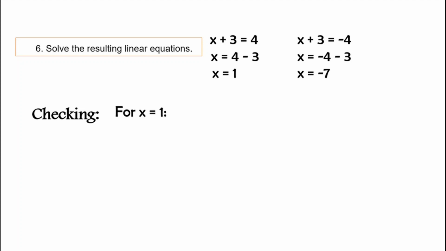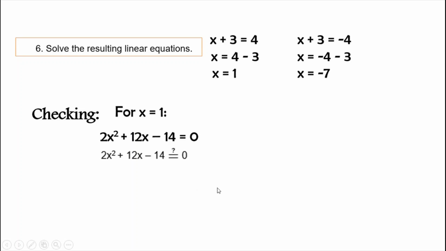Okay, for our checking, para malaman natin kung tama ba yung sagot natin, for x is equal to 1, substitute natin siya sa original equation, 2x squared plus 12x minus 14. So, pag nag-equal to 0 yung sagot natin, ibig sabihin tama yung roots na nakuha natin.